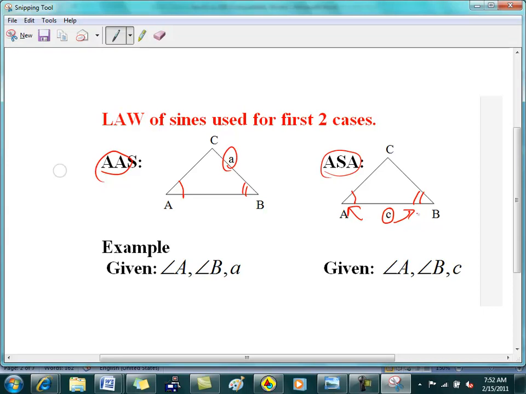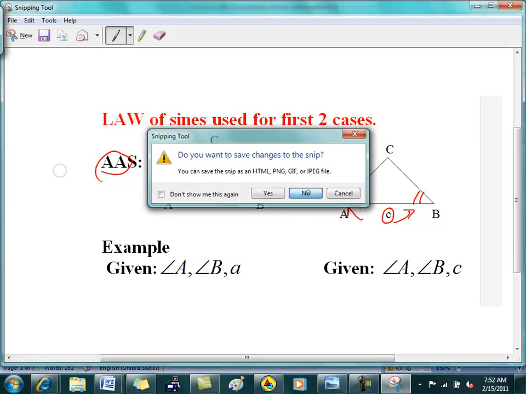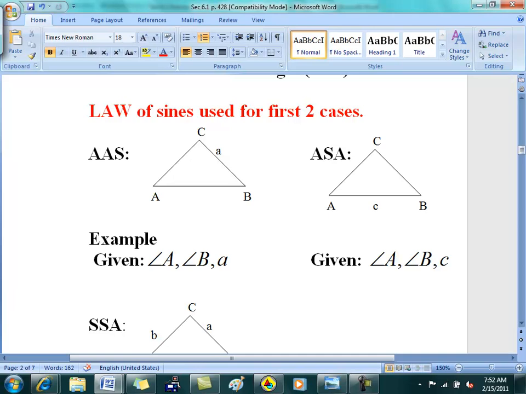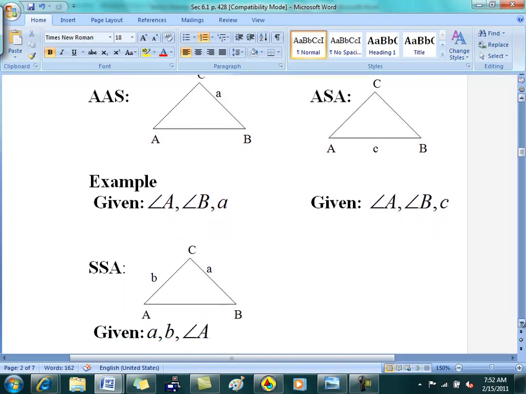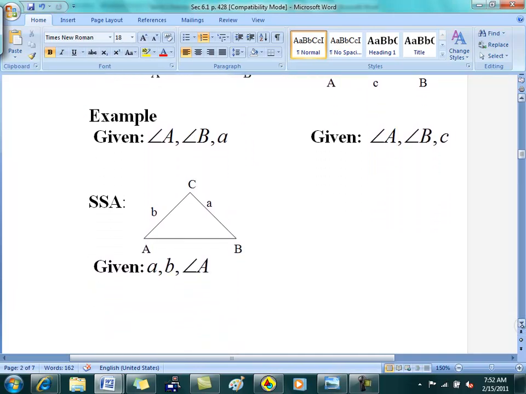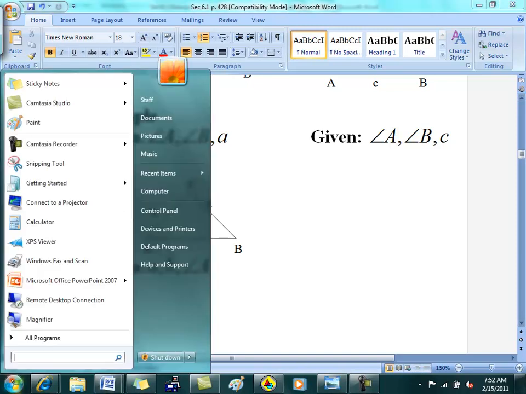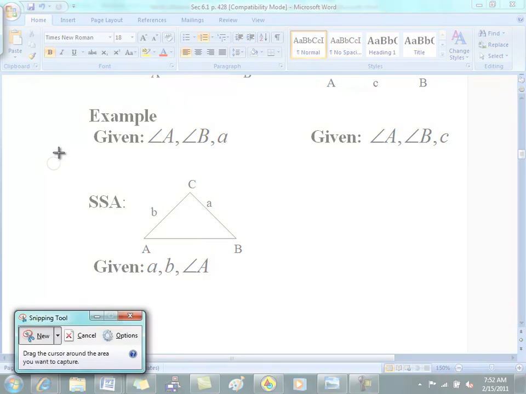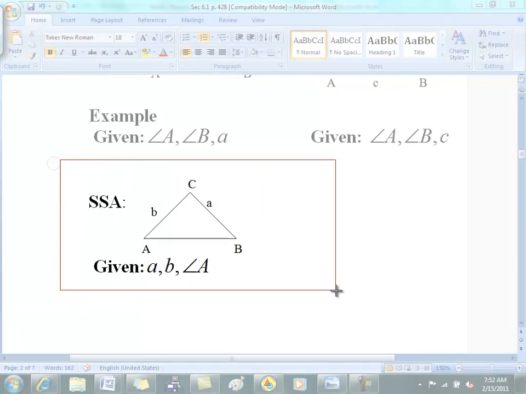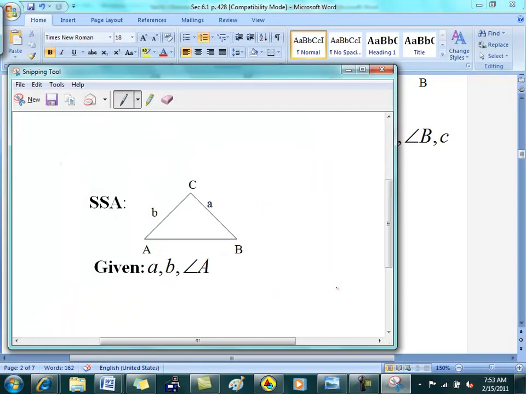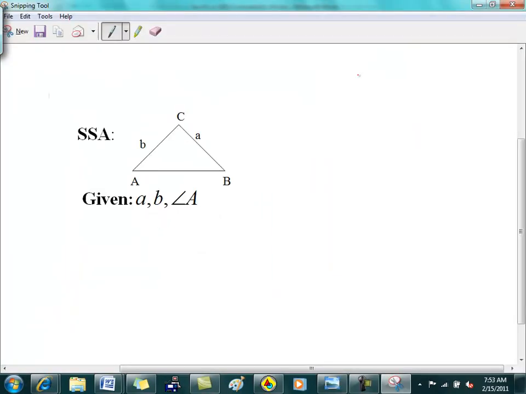Now, is this the pain in the ASS case? No. Okay, so let's take a look at the pain in the ASS case. In the pain in the ASS case, you are given two sides and an angle that's not included between them. I'll show you what I mean by not included.